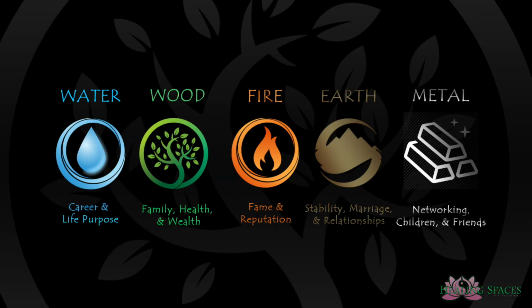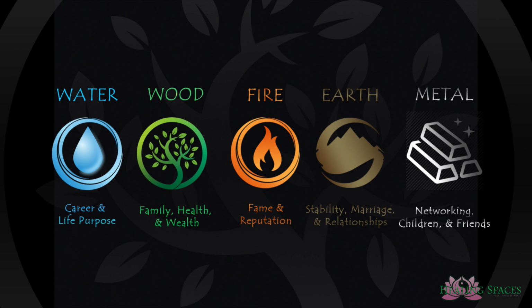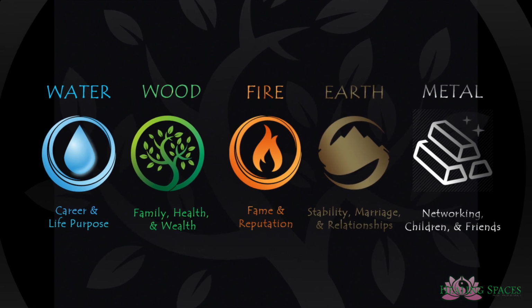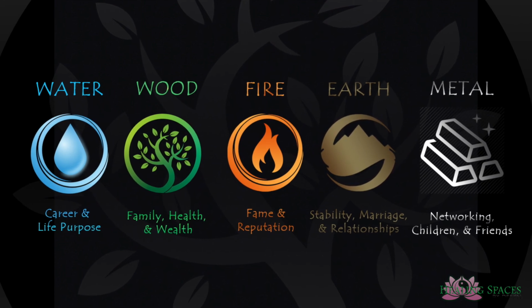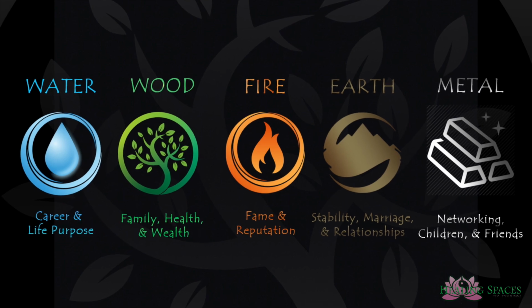Now that you understand your element and the energy of your element, let's then talk about how to incorporate things within your space that best support you. By identifying your element, then you'll know more how to incorporate your element and the things that you're attracted to in your space.